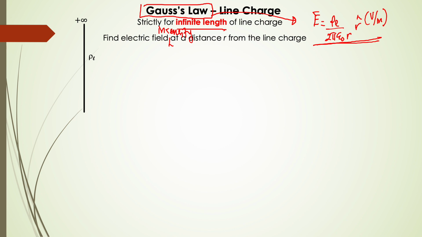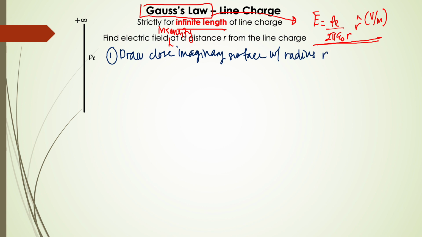First of all, the procedure of using Gauss's law: you need to draw a closed imaginary surface with radius r, and we have to ensure that this imaginary surface must enclose the line charge rho L. So this rho L must be inside the imaginary surface.